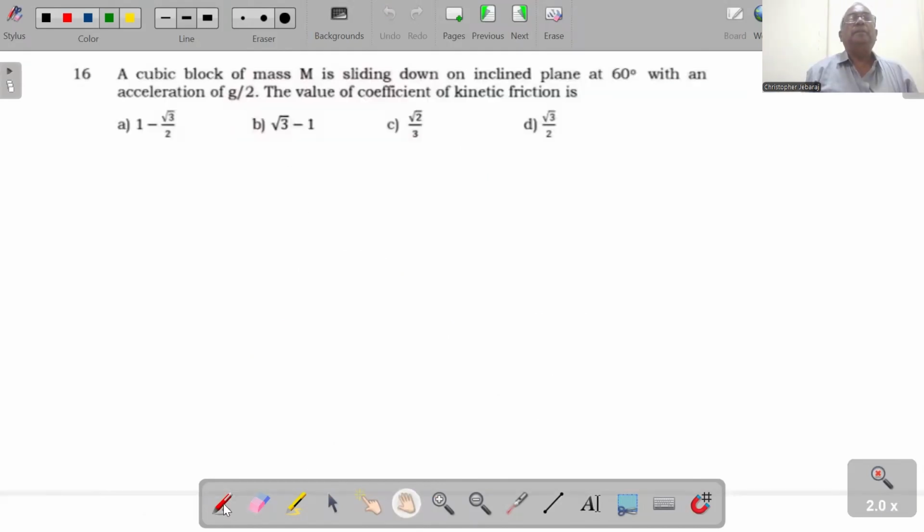A cube of block of mass m is sliding down an inclined plane at an angle of 60 degrees with an acceleration g by 2. The value of the coefficient of kinetic friction is?